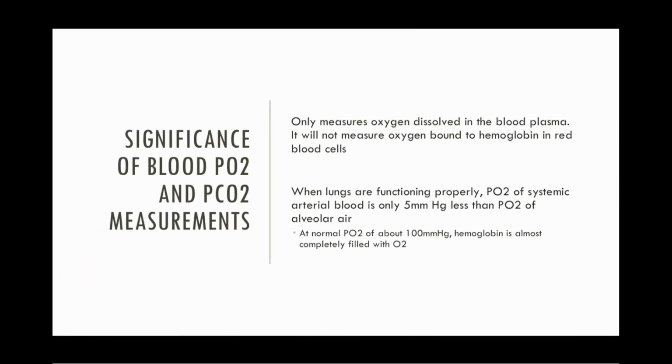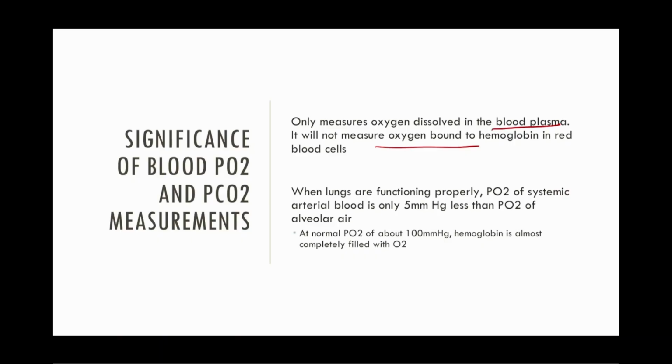So the significance of PO2 and PCO2 measurements: we only measure oxygen dissolved in the blood plasma. It will not measure oxygen bound to hemoglobin in the red blood cells. So what you're looking at, with a pulse oximeter, is whatever oxygen is dissolved in the blood, not what's bound to the red blood cells.